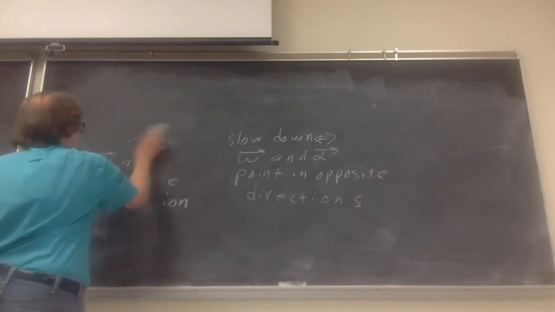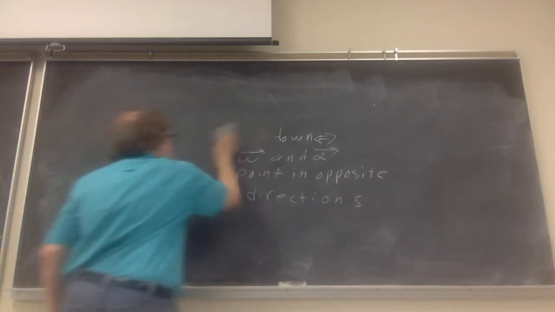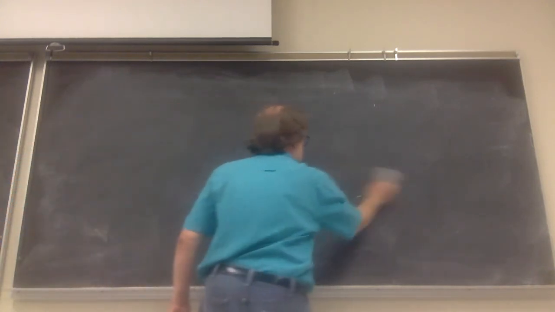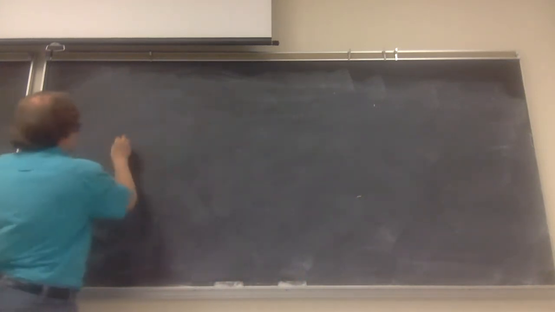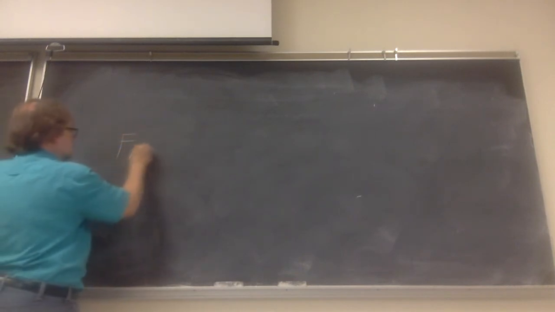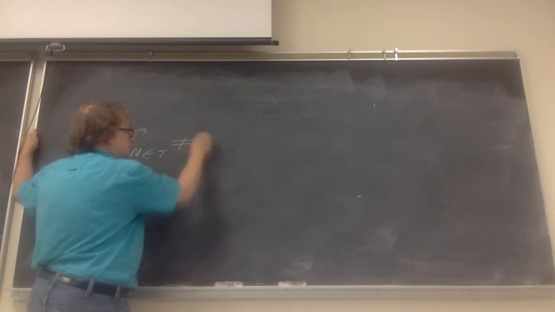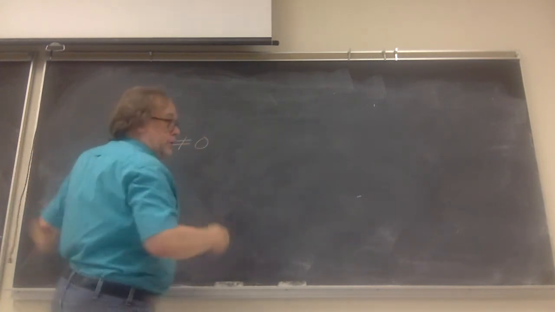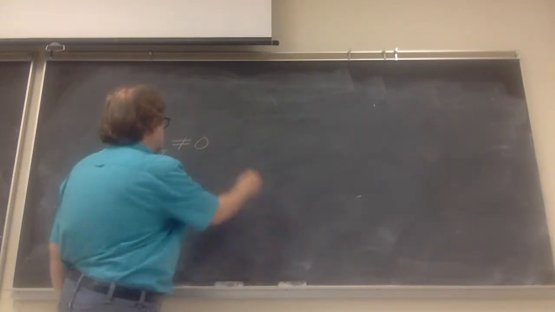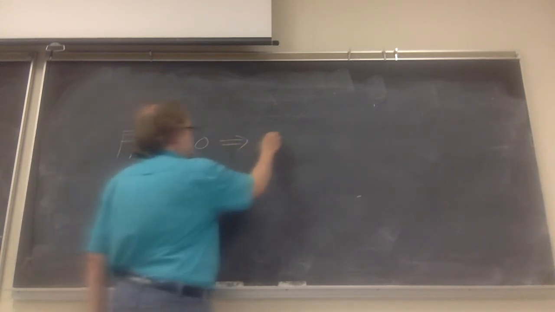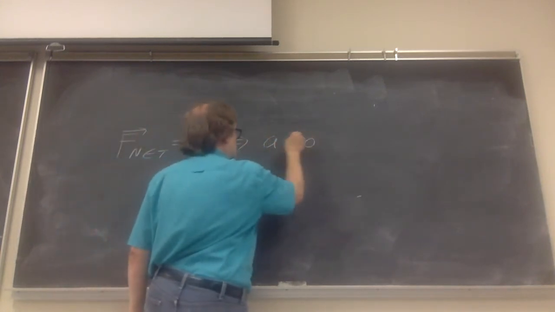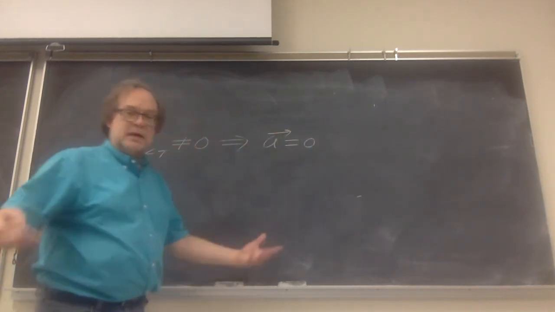So let's write that out. If the net force on an object is not zero, or to put it another way, if there is net force, then that implies there is acceleration, or acceleration is not zero.